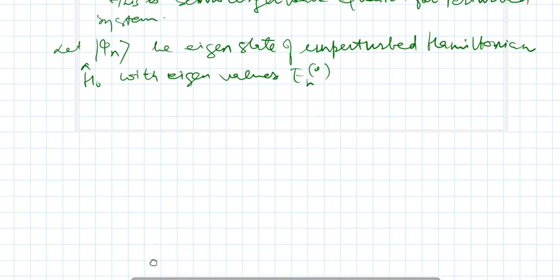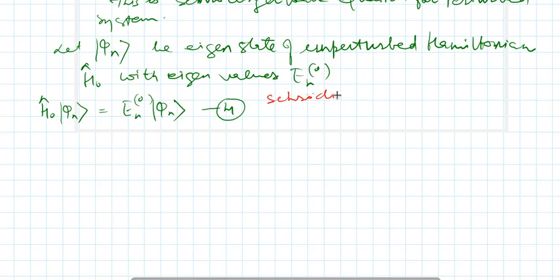Therefore, we can write the Schrodinger wave equation for the unperturbed system as H naught phi n equal to En naught phi n. This is equation number 4, the Schrodinger wave equation for the unperturbed system.